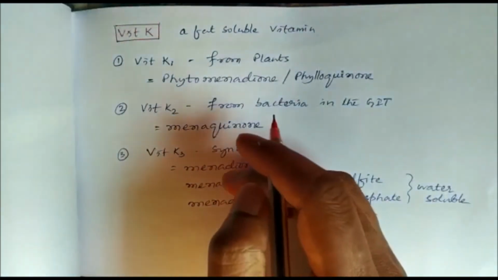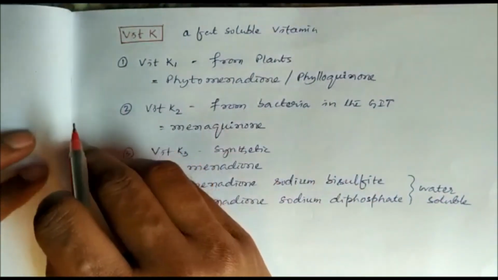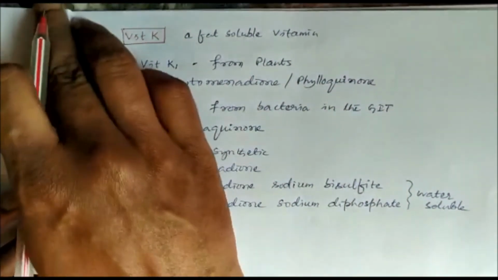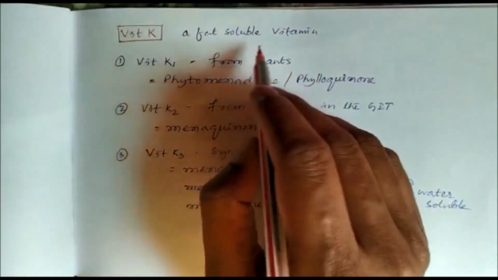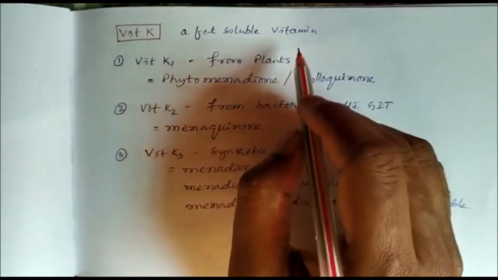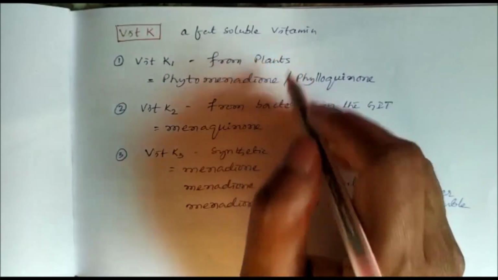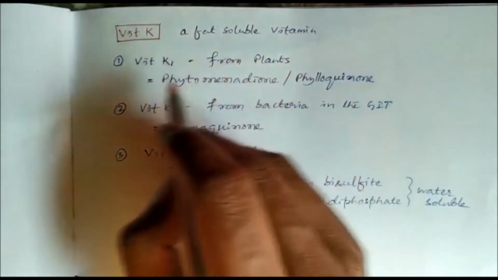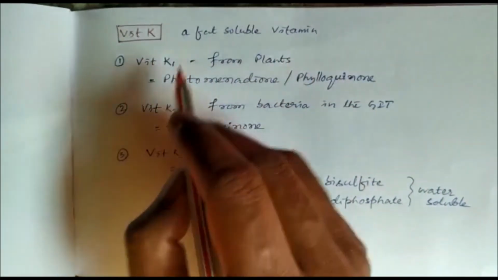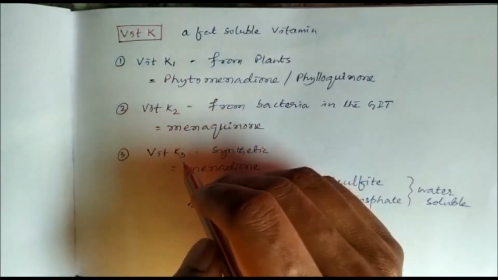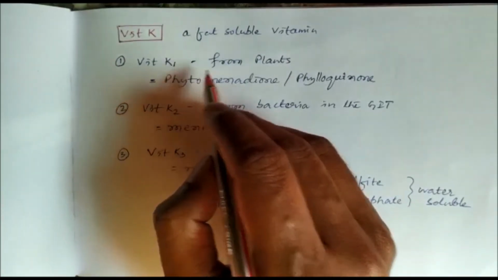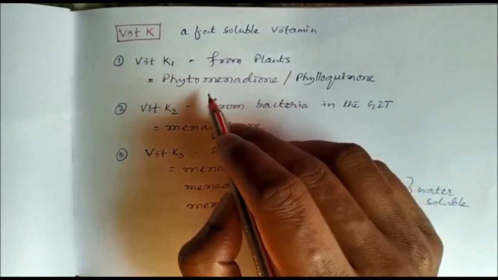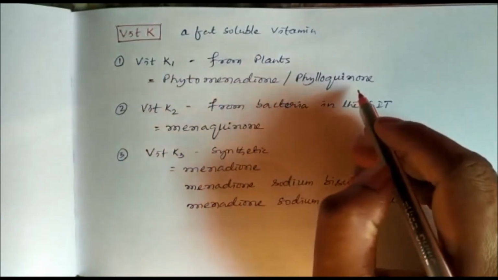So the coagulants, so vitamin K will act as a coagulant, and vitamin K is, as we know, a fat soluble vitamin. So for absorption it needs bile acid, and it exists in 3 forms: vitamin K1, K2 and K3. Vitamin K1 is from plants, so it is known as phytomenadione or phylloquinone.